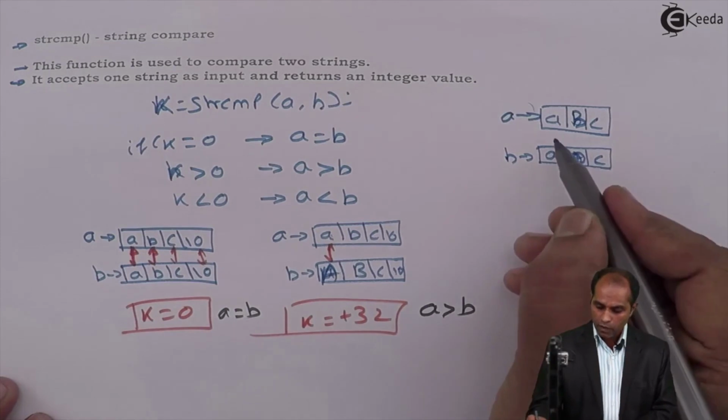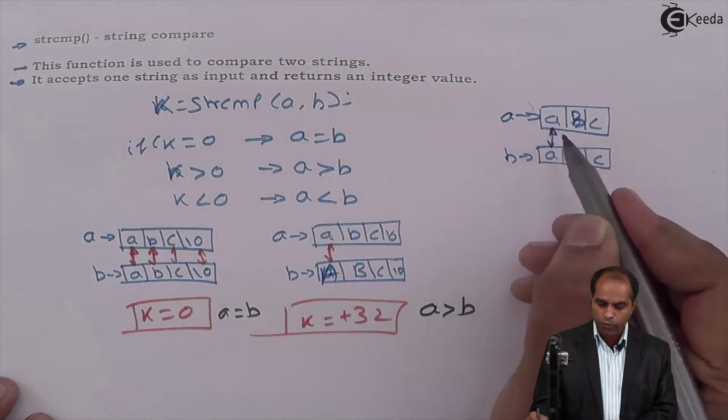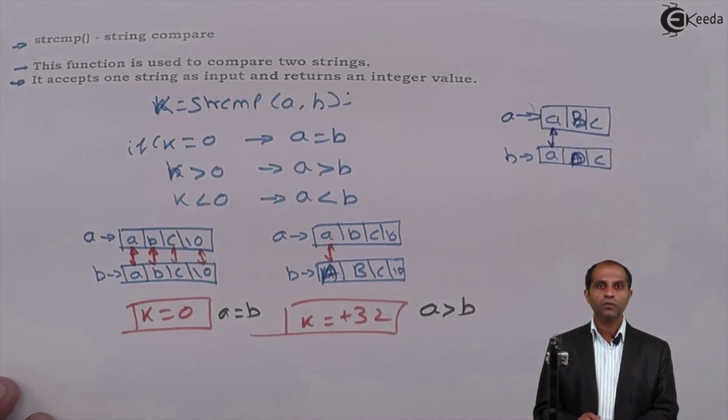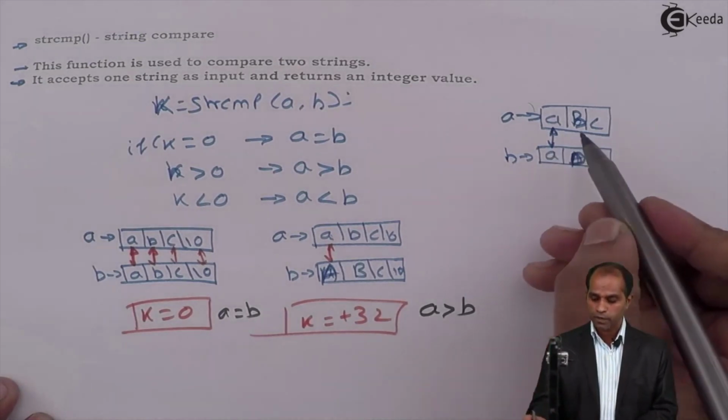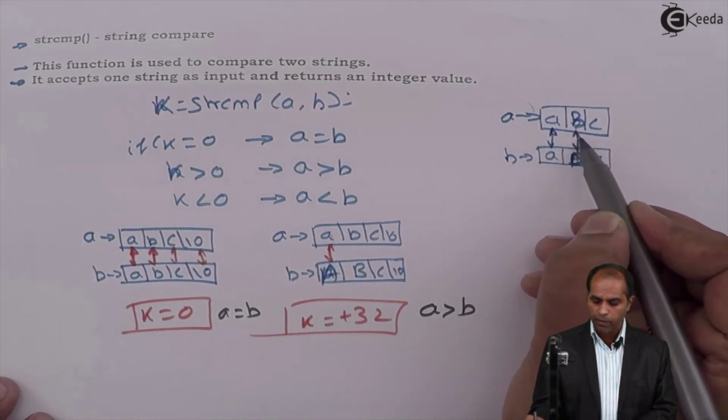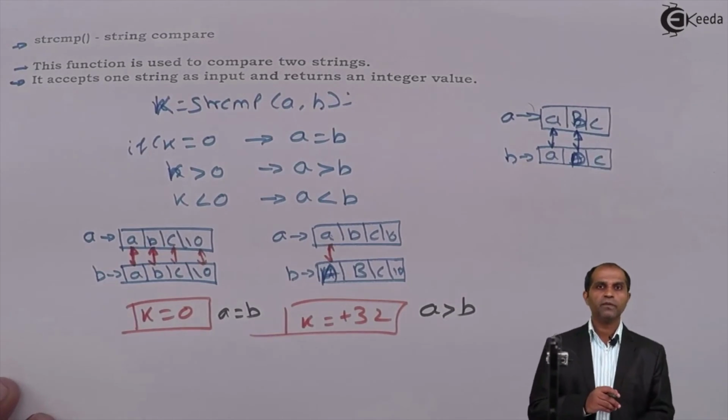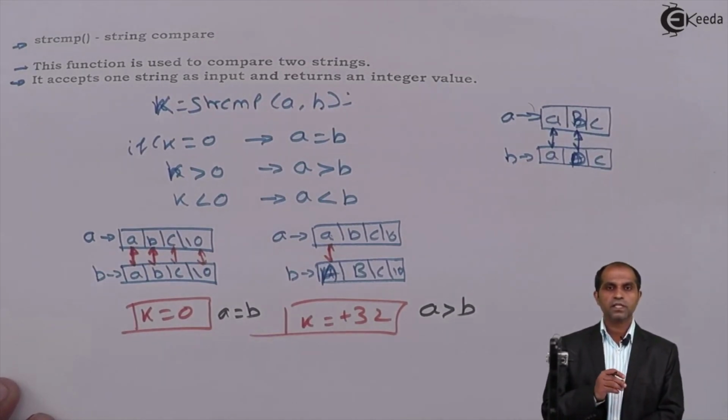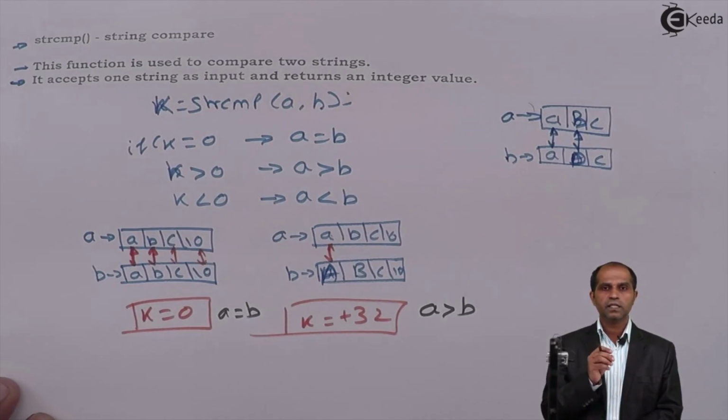Small a minus small a is 0, so move on to the next position. Capital B minus capital D. What is the ASCII value of capital B? Capital B is 66 and capital D is 68.